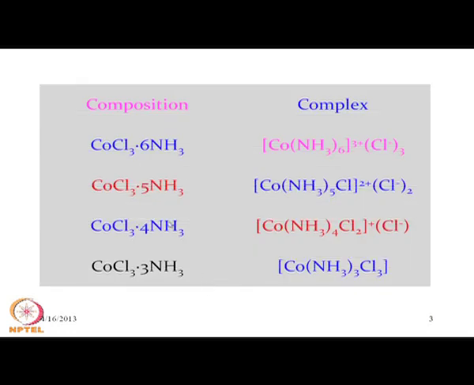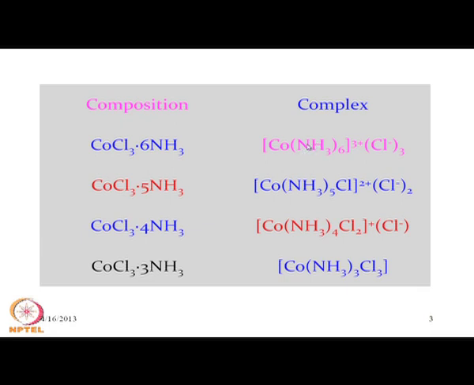So, what we have now, we can summarize what was reacting in all these cases. The first case is the composition we are trying to analyze, cobalt chloride with 6 ammonia molecules, then we have 2 others and another one which is the fourth one. So, this can be considered as the first sphere of attraction.